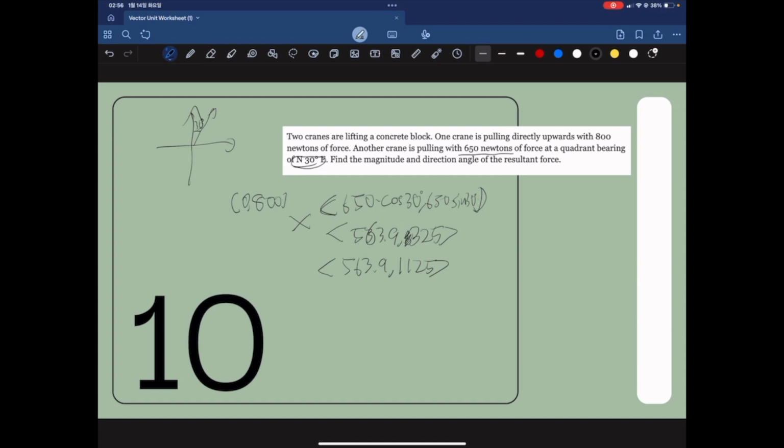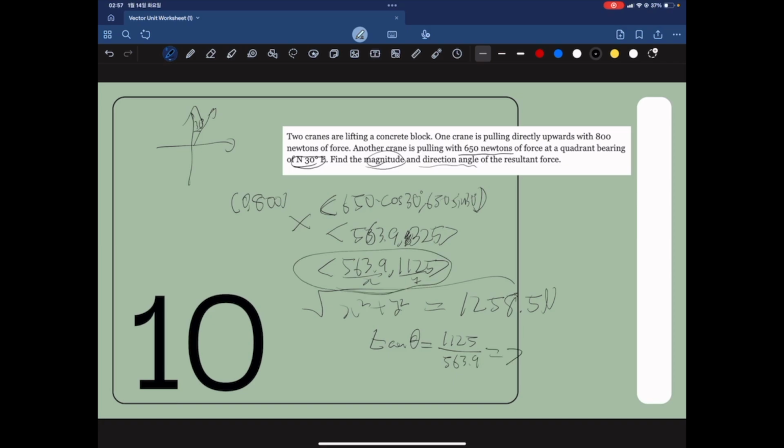Now, how we can find the magnitude first is, as we can see, if this is x and this is y, x squared plus y squared, which in this case is approximately the magnitude in newtons. And for the direction angle, tangent theta is y divided by x, which we got from here.